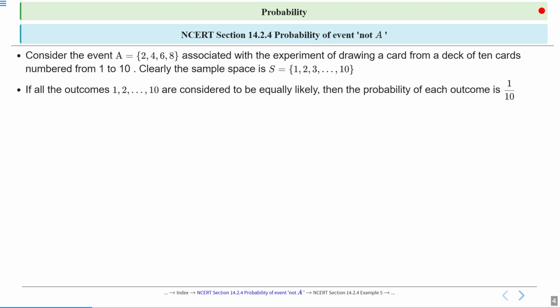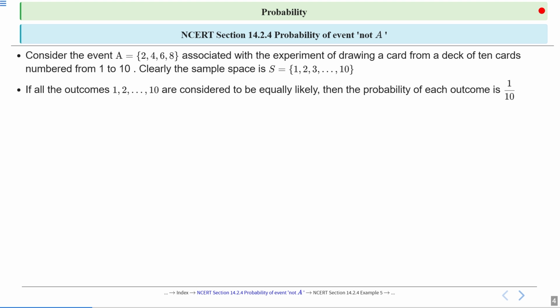Note this point. So what will be the probability of each outcome?